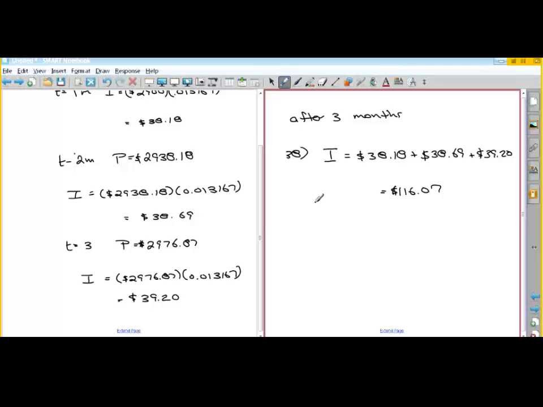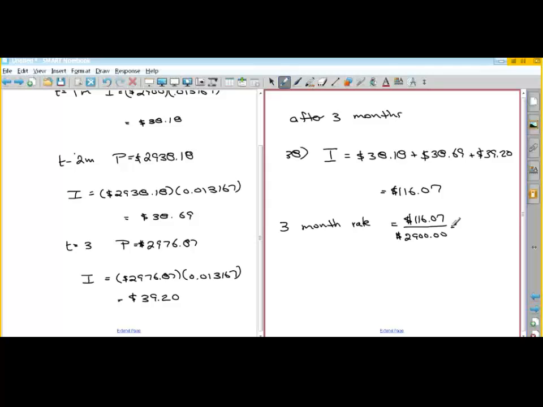Okay, now it says treating 3 months as 1/4 year, find the equivalent simple interest rate. So what I do is my 3-month rate is going to be equal to the interest that I accumulated over 3 months divided by my original amount that I borrowed.